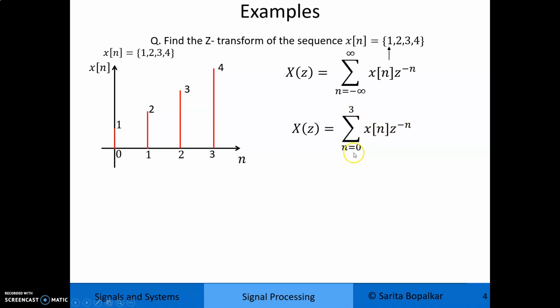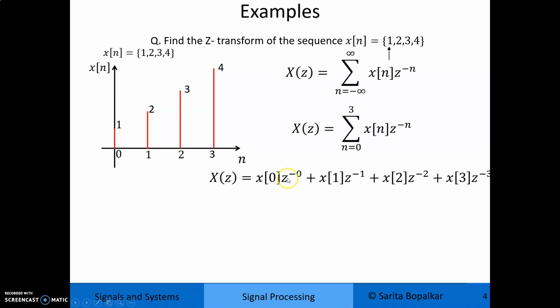Now, we can put the values of n. N equal to 0, 1, 2, 3. Let's start. N equal to 0: x(0) z raised to 0, minus 0. Then n equal to 1: x(1) z raised to minus 1. x(2) z raised to minus 2. x(3) z raised to minus 3.